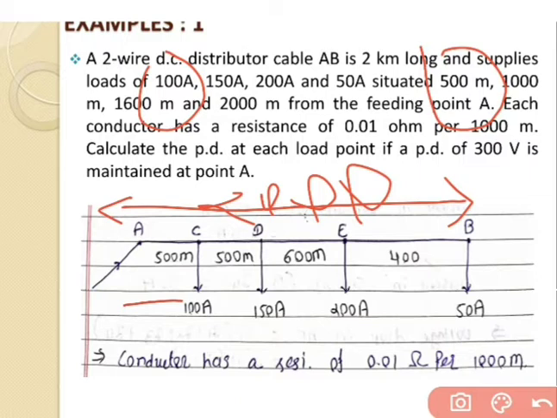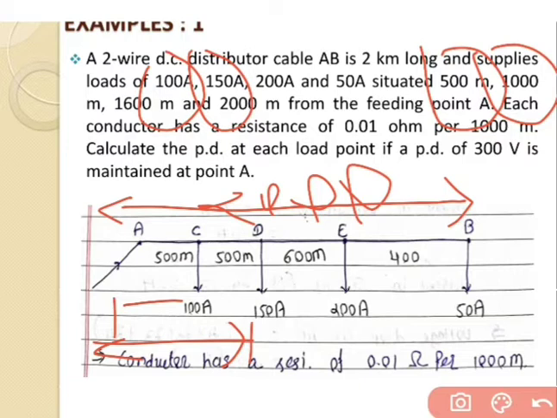In the same way, go for the second loading of 150 ampere, at a distance of 1000 meter from the feeding point A, which means the A to D distance is 1000 meter. Up to now the A to C distance is 500 meter, so what about the remaining distance for the CD section? That is 500 meter only, with a load of 150 ampere.